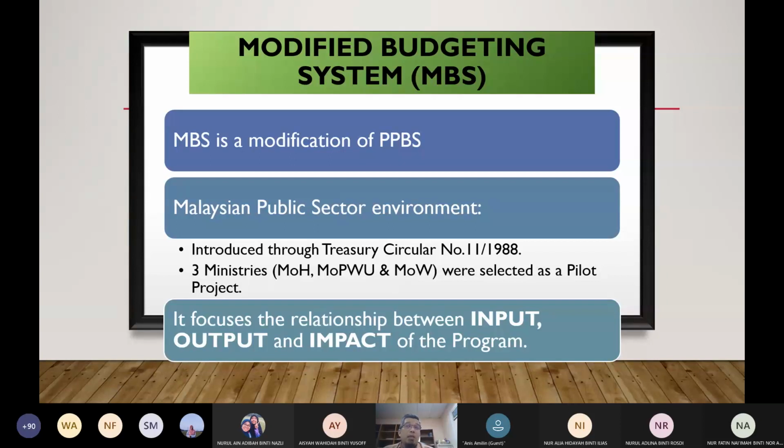But definitely, in terms of efficiency of distribution this time, there was not much complaint that the money was not received by the target recipients. So you can see the effect of technology and online payments, so the payment can be made directly to the target recipients.